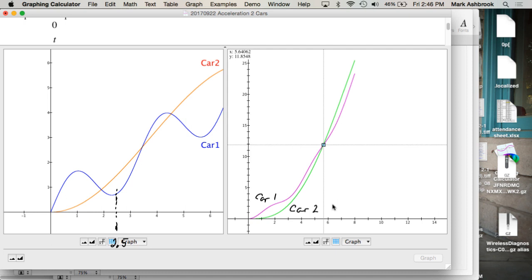Velocities are the same. Okay, so at 6 seconds, which car is ahead? Which car is ahead at 6 seconds? Further down the track. Car 1 or car 2?